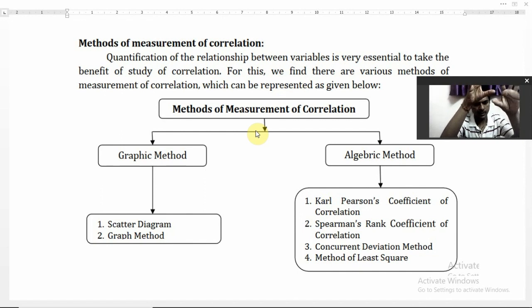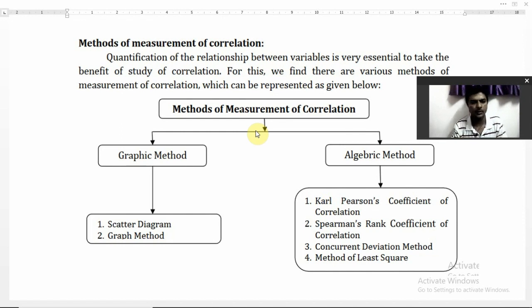If the scattered points come from top to bottom, we see it as a negative correlation. Suppose in the graph with x and y axes, the line is drawn from the initial point in the upward direction, we say it is a positive correlation, and if the line comes from top to down, we take it as a negative correlation. So this is graphical.